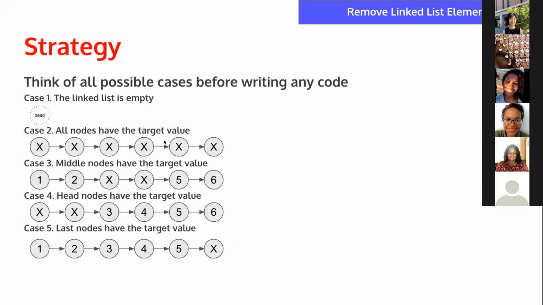And then the 2 other cases that we can also run into here: case number 2 is when all the nodes have a target value. In which case we want to make sure that we delete them all, and in the end, it would just be an empty linked list. And case number 3 is when middle nodes have the target values.